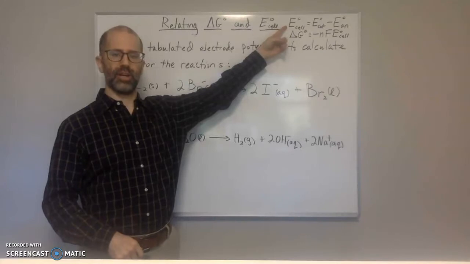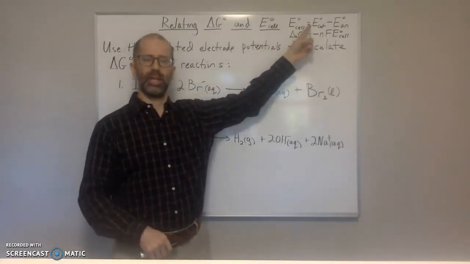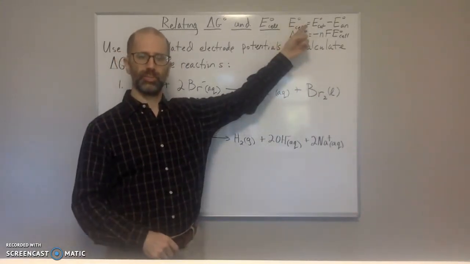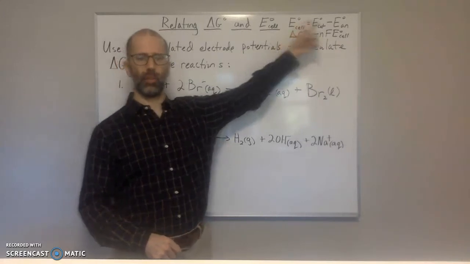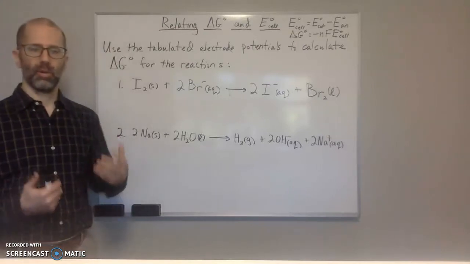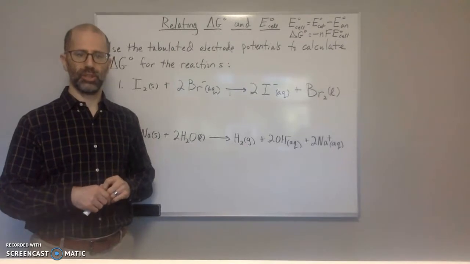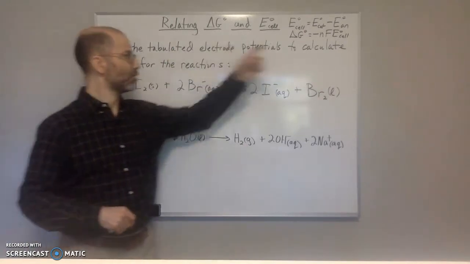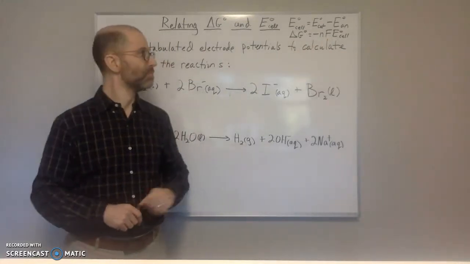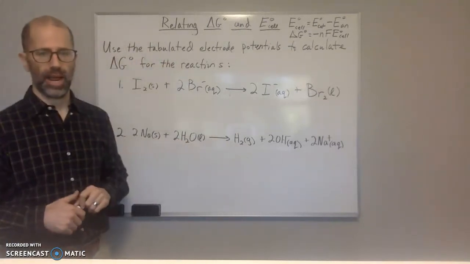The standard electrochemical potential of the cell is equal to the difference in the electrode potentials: the electrode potential of the cathode minus the electrode potential of the anode. Once you get the standard electrochemical potential of the cell, you can plug that into this equation with Faraday's constant, and you can get the standard Gibbs free energy of this reaction.